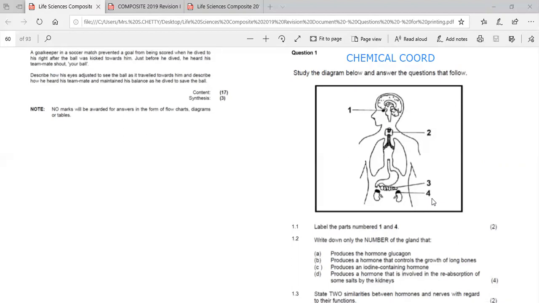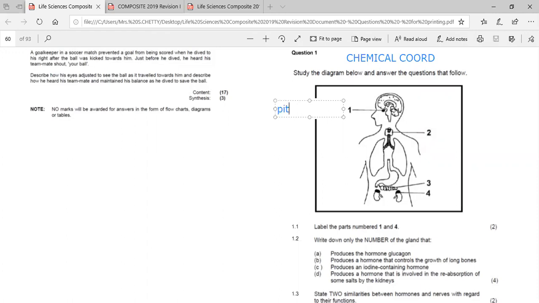You can refer to your textbook or the notes given to you by your teachers. At least you'll be practicing. Okay, let's begin. Did you get it right?